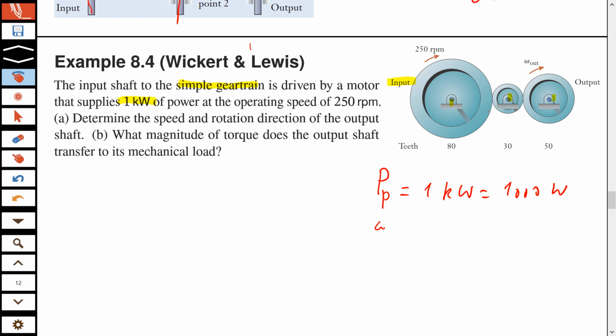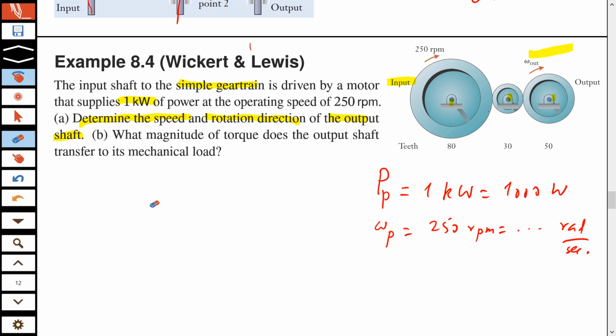Omega P is also given, which is 250 RPM, and you are supposed to convert it into radians per second. Now, in part A, determine the speed and rotation direction. The rotation direction we have already done. We only need to find the speed of the output shaft.